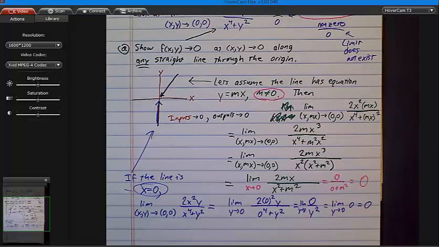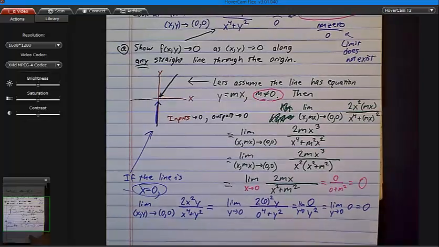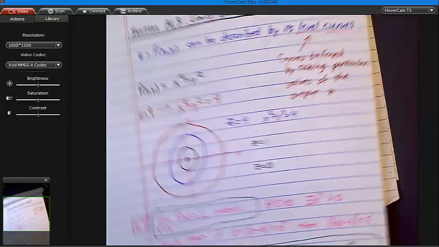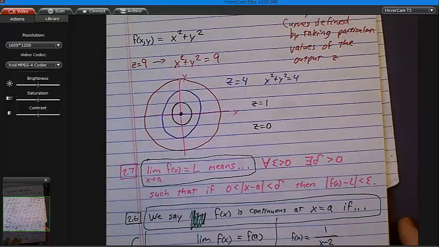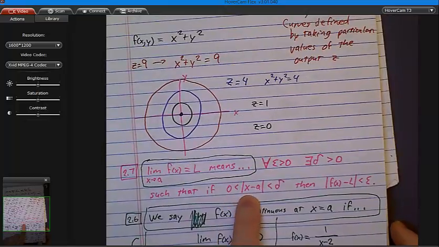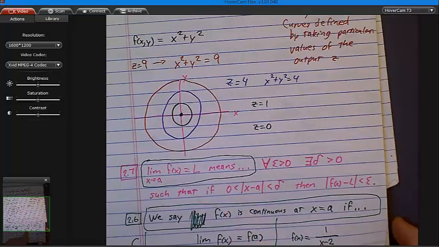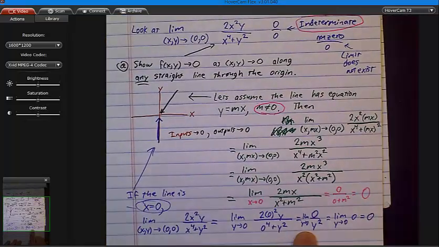It's interesting because, and again, this goes back to 2.7. When you talk about limits, the fact that the inputs have to be greater than 0, the absolute value of x minus a, what that is really saying is it doesn't matter what happens at the point, it matters what happens near the point.